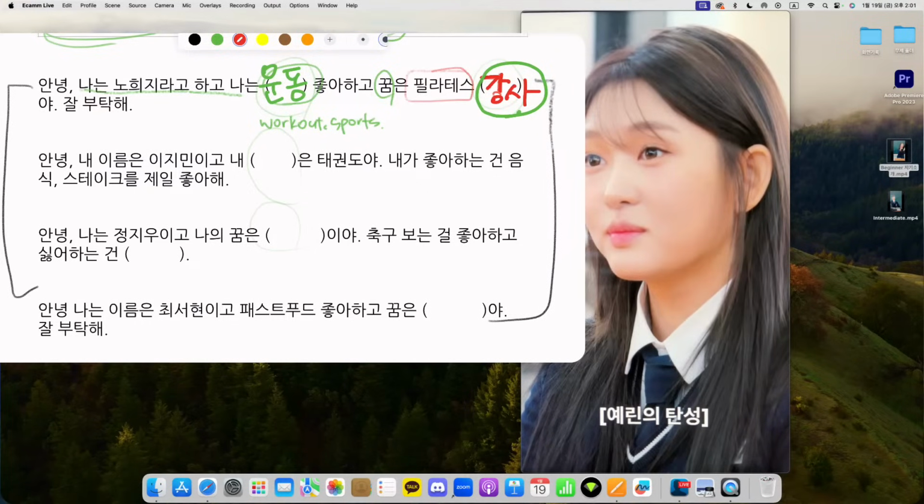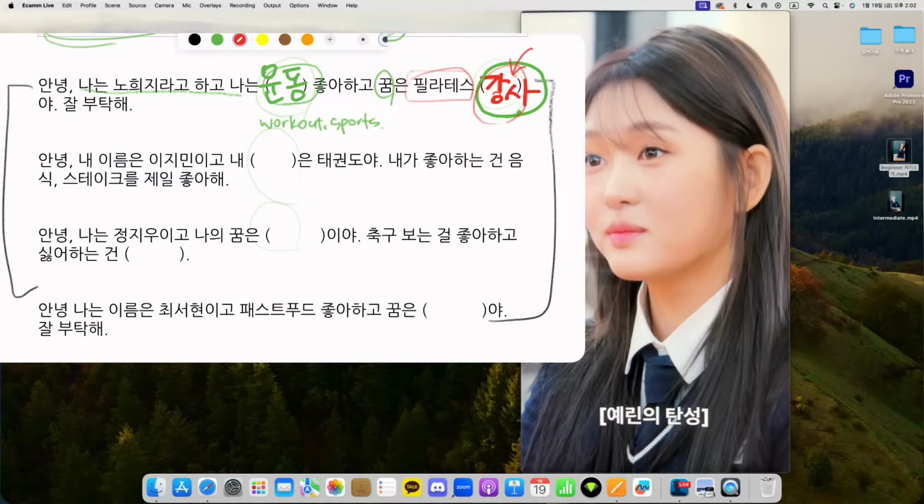And Pilates is something that's usually not a school subject, right? No schools teach Pilates. So Pilates instructors are usually business owners. So they are not private educators or private sectors. So you can use 강사. 필라테스 선생님도 괜찮아요 because 선생님 is a broader term that encompasses all kinds of education. But 강사 is more specifically for private sectors.